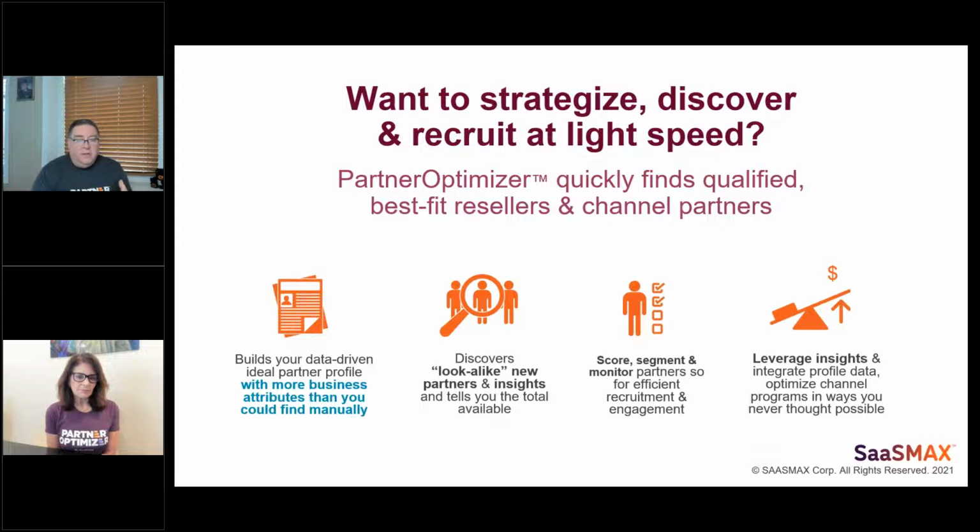So it's all about leveraging the insights. Getting to light speed is great, but what I talk about is really how do you get that sustainable partner revenue faster, from the day that you start to go to market, to the day you start looking for partners, to the day that you start driving revenue consistently from each channel partner that you can bring in.